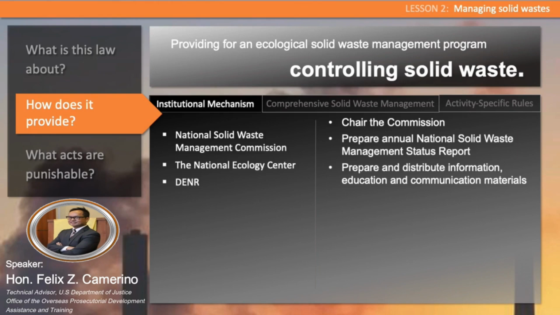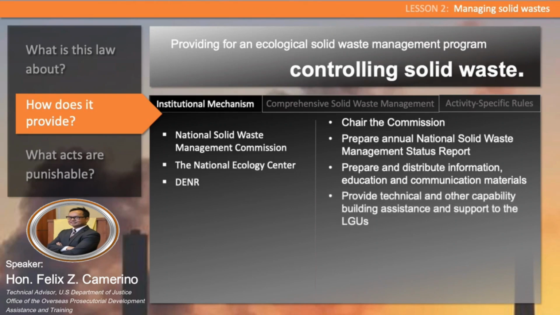Not limited to that, essentially any of the players in the Commission would definitely benefit from the findings of these status reports. So what other functions and powers would we find of DENR in relation to controlling solid waste?